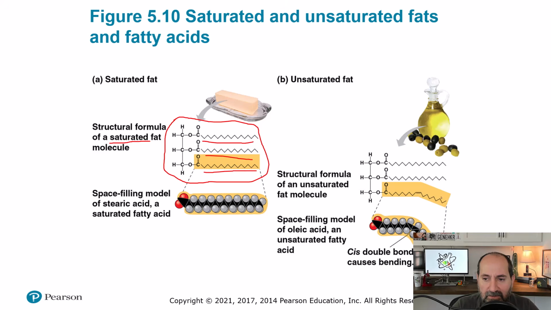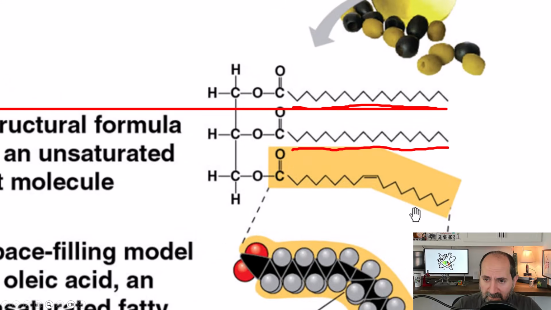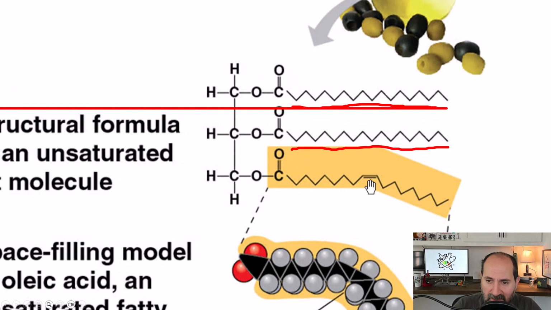You see that? Now juxtapose that with the one on the right. Look at this. This fat has a saturated fatty acid tail here, a saturated fatty acid tail here. But what about this last tail? What is that right there? That's a double bond, isn't it?